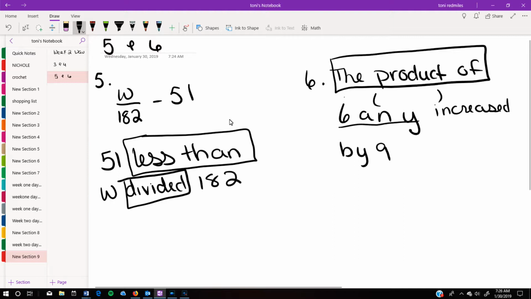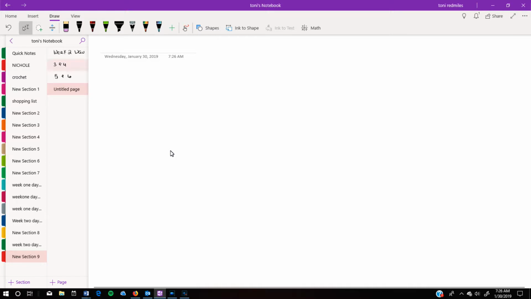Down here I can see that 6 and y are going to be in my parentheses, and this is a multiplication inside the parentheses. So I can just write them side by side. Increased means add, and then 9. So my expression is this. All right, let's do 7 and 8.